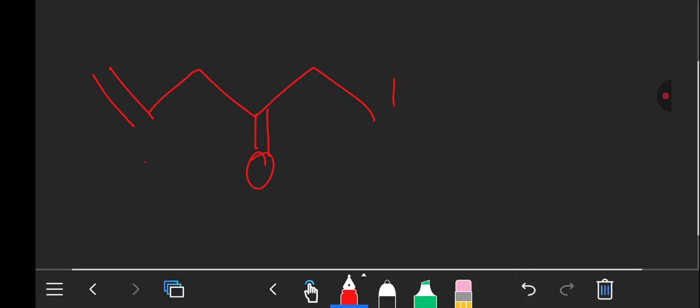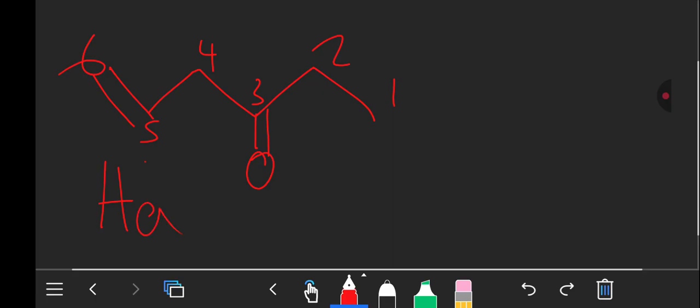So the lowest number should go to the carbonyl group. So 1, 2, 3. Instead of having the carbonyl at position number 4, I'll have it at 3. So I'll name it from right to left rather. So that is 4, 5, and it has 6. So this is hexane, right? This is hexane with 6 carbons.